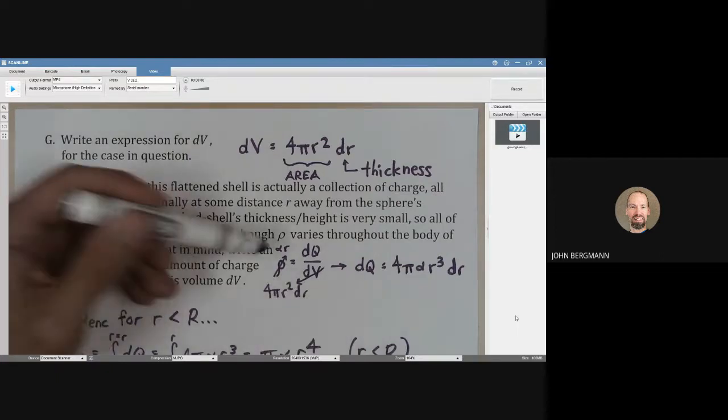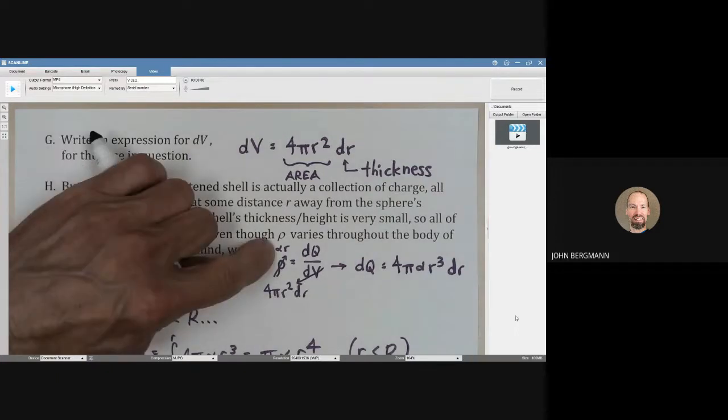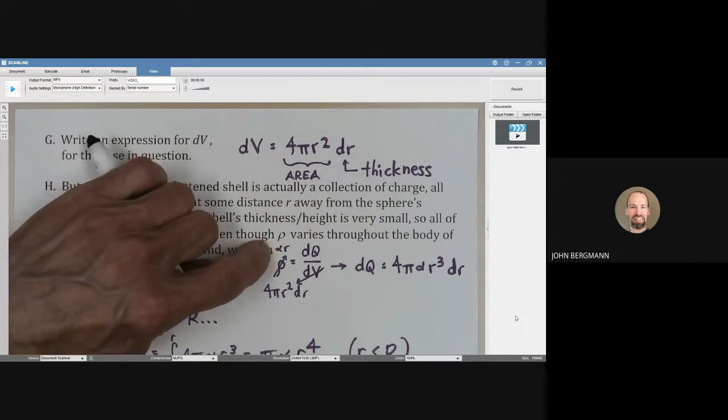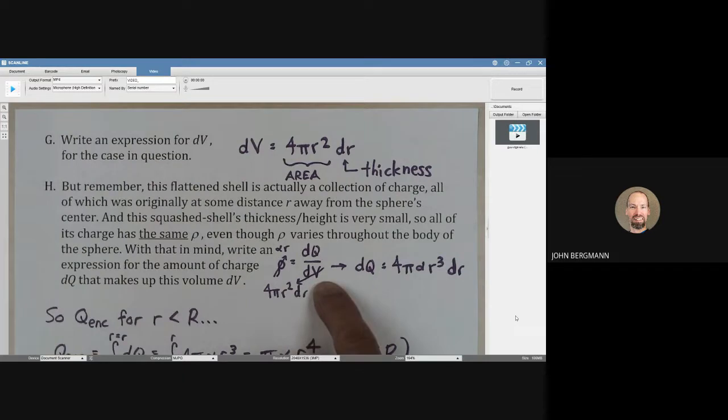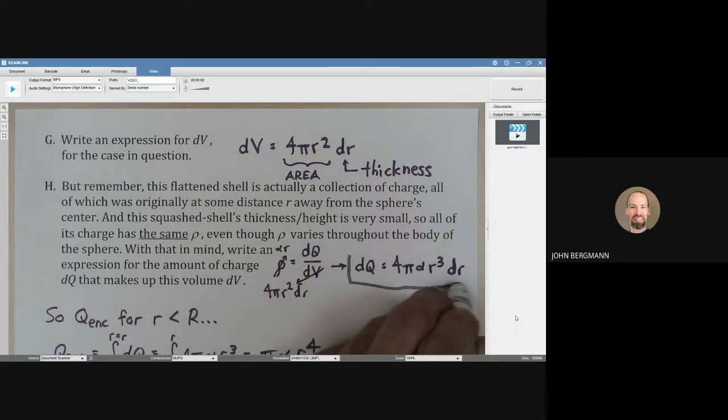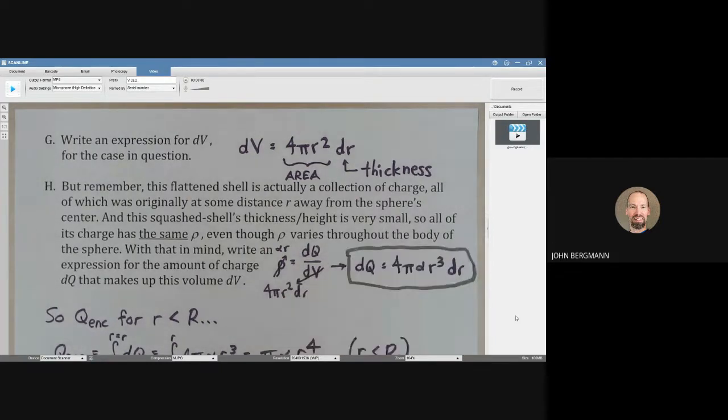Rho at some value of r, we're told, is alpha times r. And we saw that dV is 4 pi r squared dr. If you multiply those out, there's an equation for the dq in each thin shell.